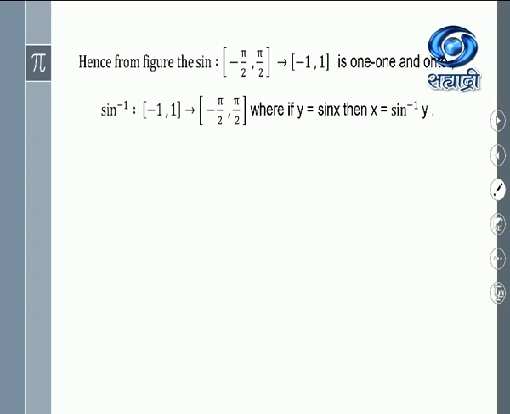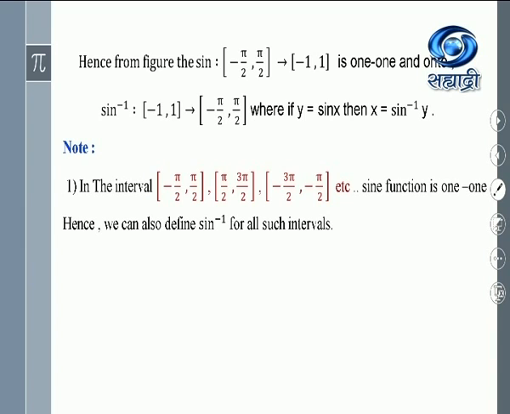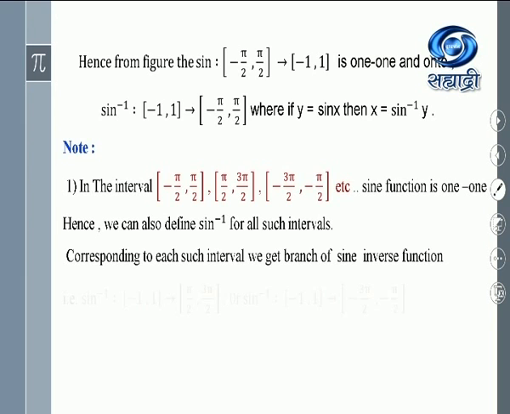In the other way, we can write y equals sine x gives x equals sine inverse y. Vice versa, if x equals sine inverse y, we can write y equals sine x. This is very important, you have to remember. As I told you previously, in these intervals we get the sine function one-one and onto, so there are many branches which are one-one and onto, but amongst those we consider only the interval -π/2 to +π/2.